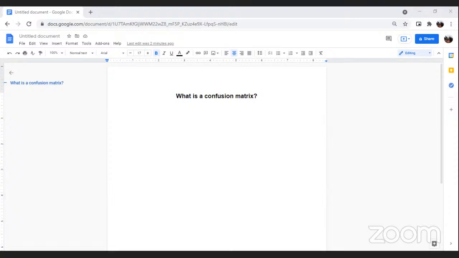So, a confusion matrix is basically a two by two matrix table that contains four outputs provided by the binary classifier, whatever classifier that you use in the model. Four outputs from the binary classifier are derived. So, the various measures such as error rate, accuracy, specificity, sensitivity, precision, and recall are derived from it.